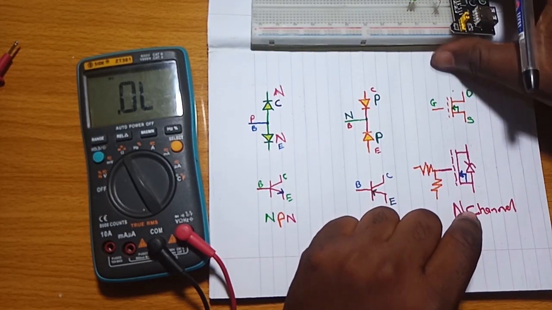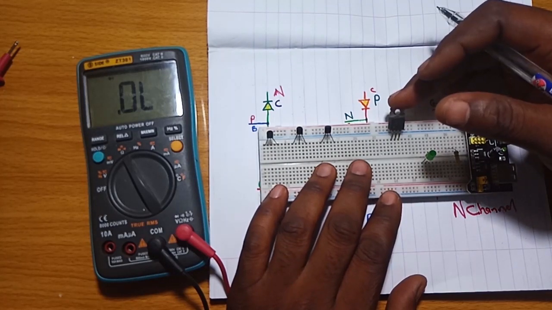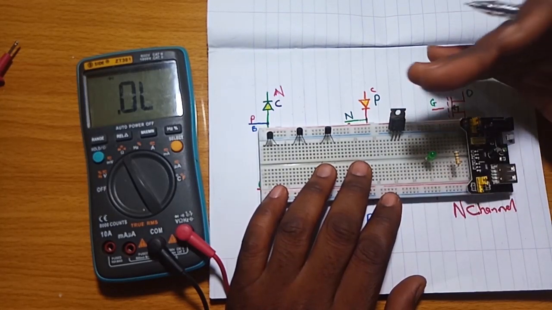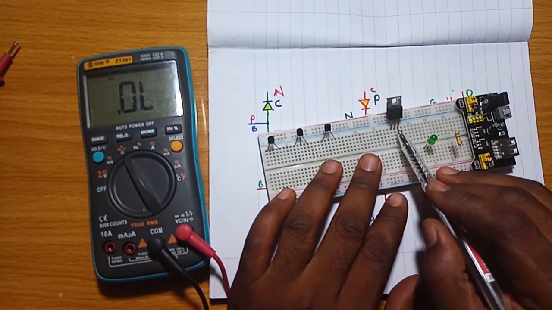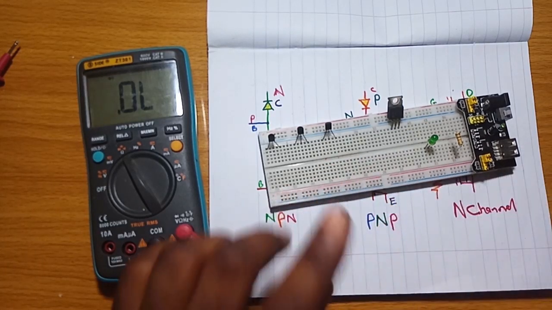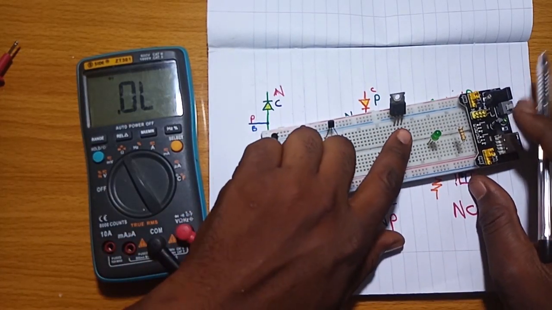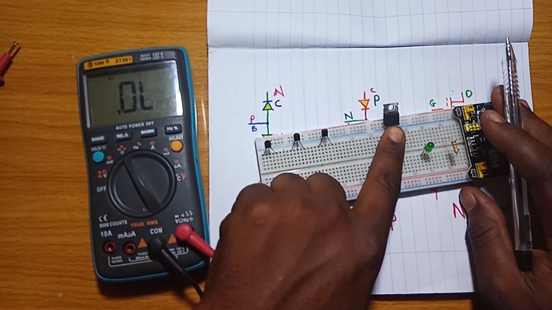Let me show you what I mean by that. Looking at this MOSFET, all MOSFETs have the same pattern of arrangement: the first one is the gate, the center one is the drain, the last one is the source. Before you check it, make sure you discharge any stored charge in the gate by using your finger like this.